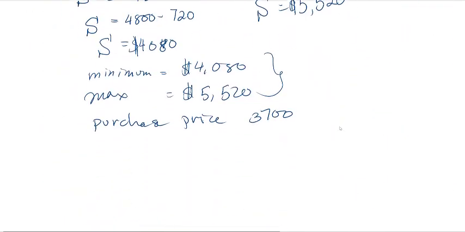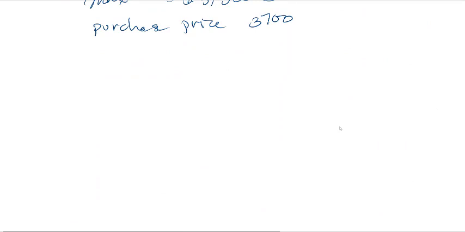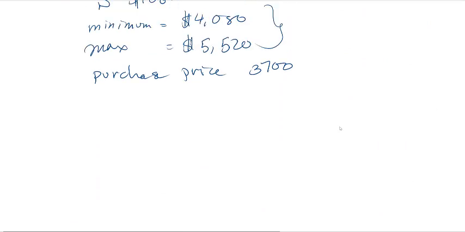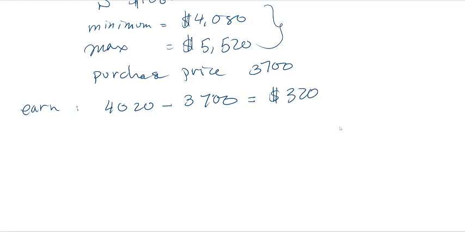Yes. And so now we can ask ourselves, well, how much do we make if we sell the minimum amount? Well, we'll make 4,020 minus 3,700. So we will earn 4,020 minus 3,700, which is exactly $320.